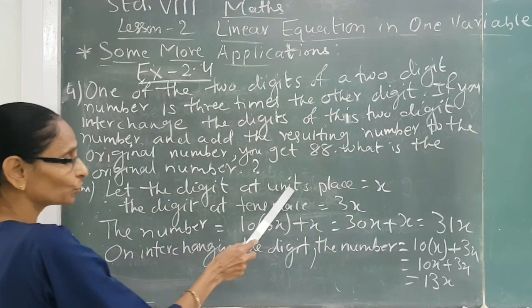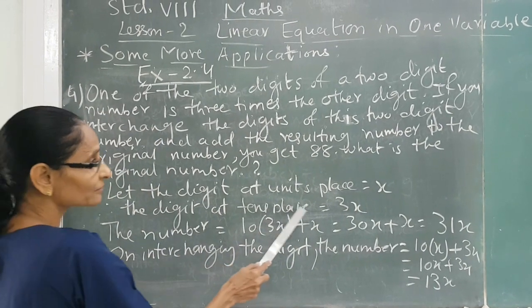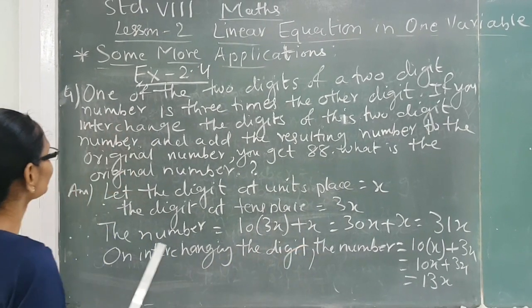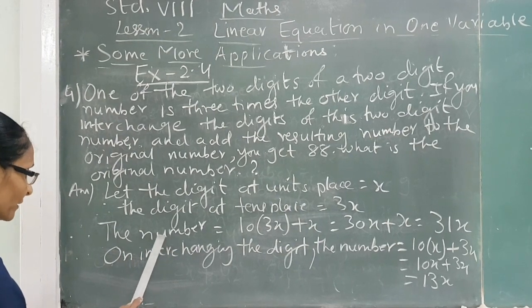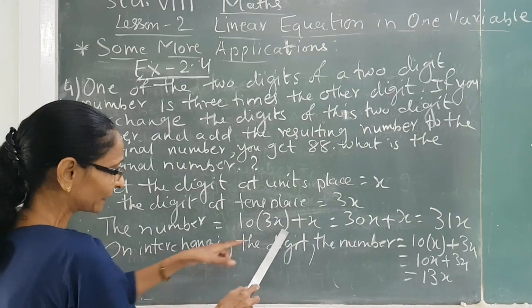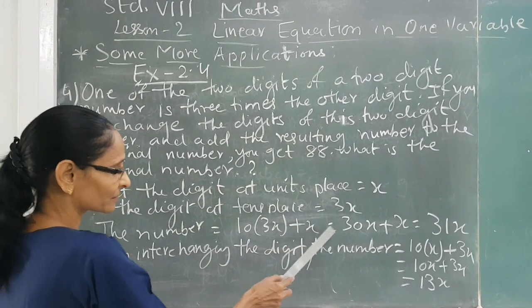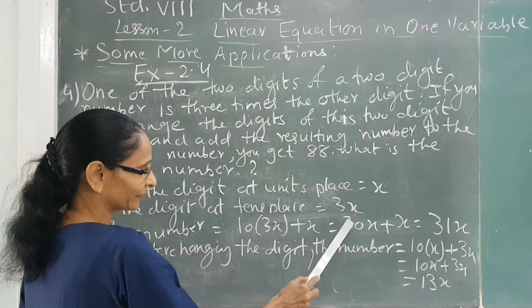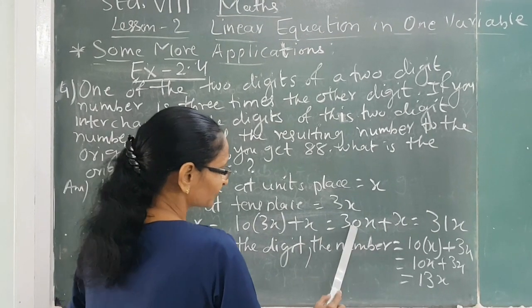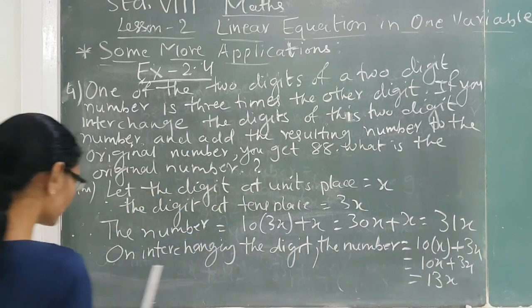Let the digit at units place be x. Then the digit at tens place is 3x. The number formed will be 10 bracket 3x, why? Because this is the tens place, plus x, is equal to, open the bracket, 30x plus x is equal to 31x. This is the original number.